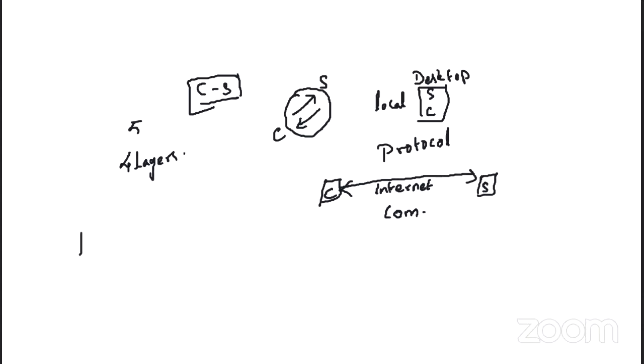And here you can represent the first layer as the host to network layer, and then the second layer as the internet layer, and then the third layer as the transport layer.